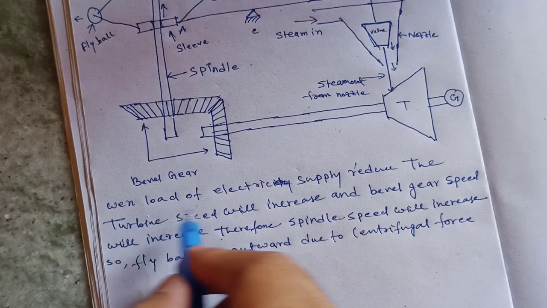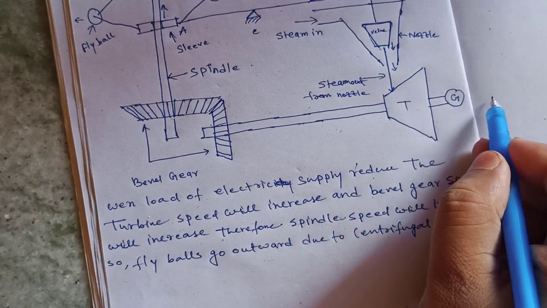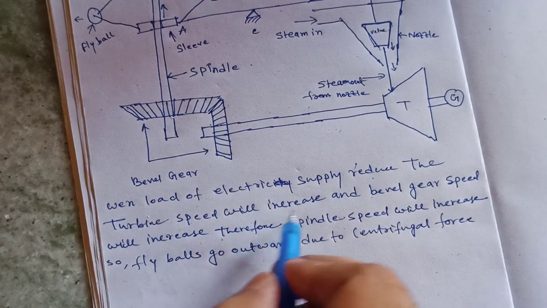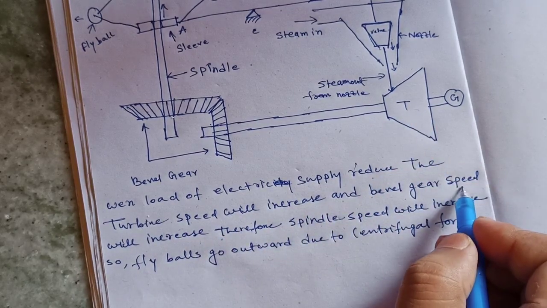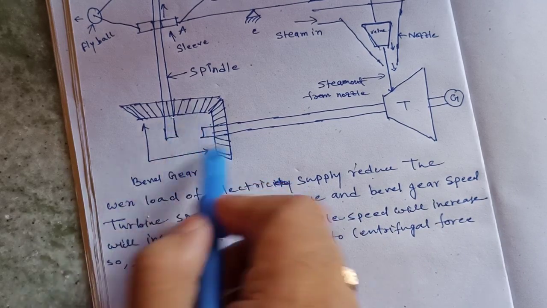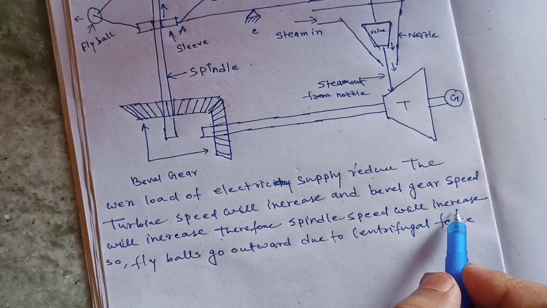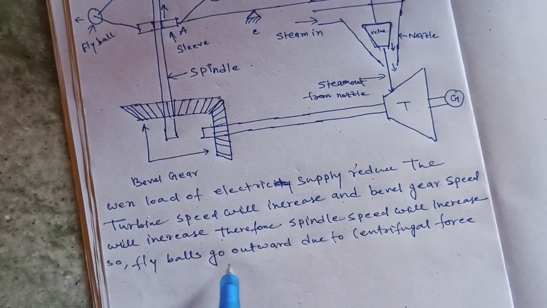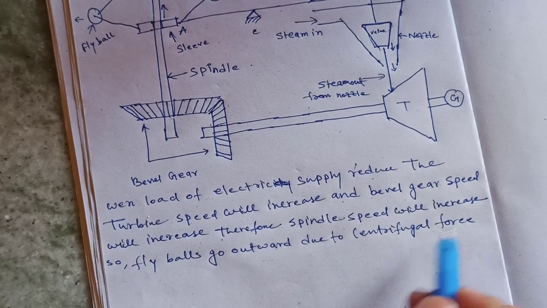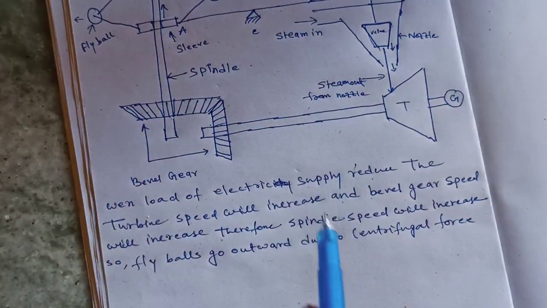Now, when load of electricity supply is reduced, the turbine speed will increase, and bevel gear speed will increase. Therefore, spindle speed will increase. So the fly ball goes outward due to centrifugal force.